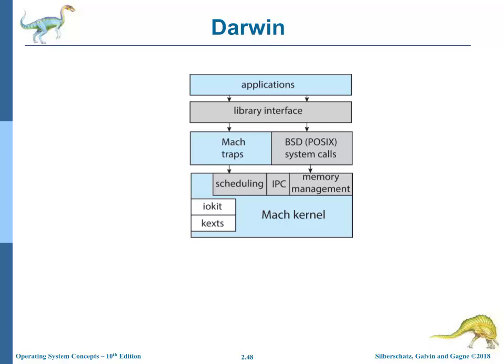Many of these functionalities provided by Mach are available through kernel abstractions, which include tasks, threads, memory objects, and ports. In addition to Mach and BSD, the kernel environment provides an I/O Kit for development of device drivers and dynamically loadable modules, which macOS refers to as kernel extensions.